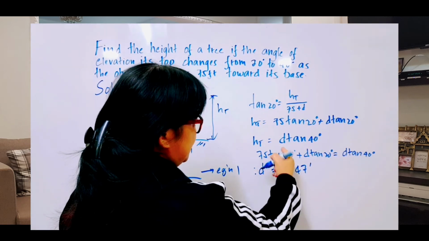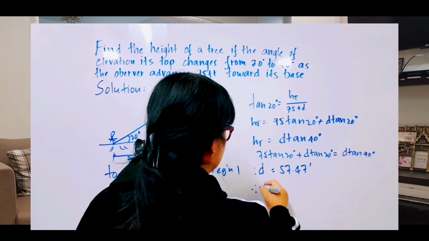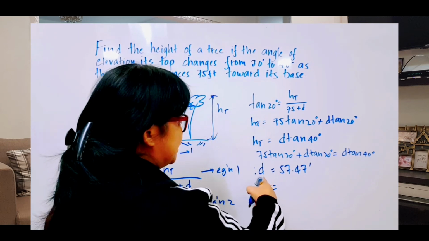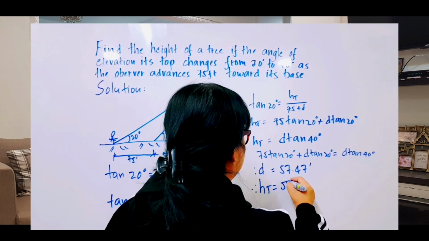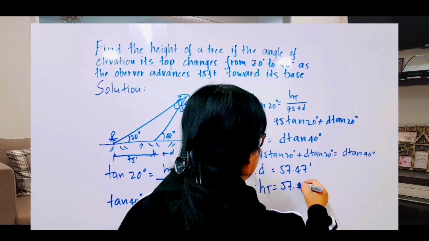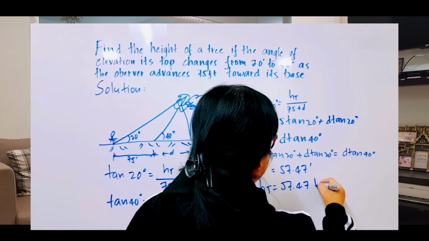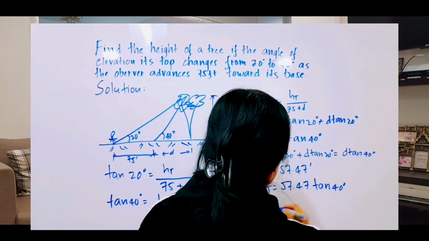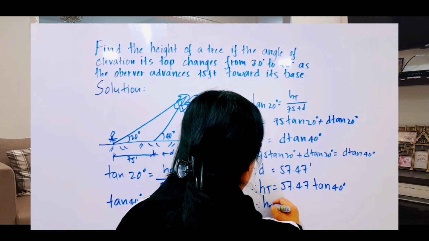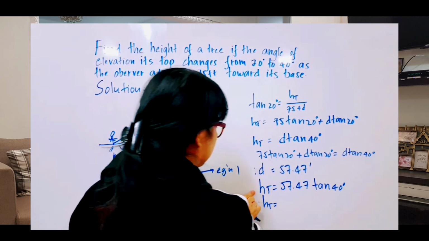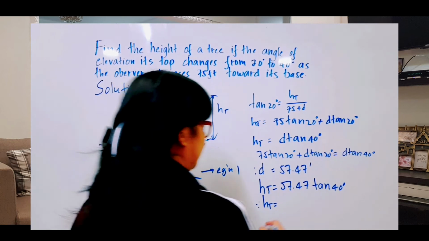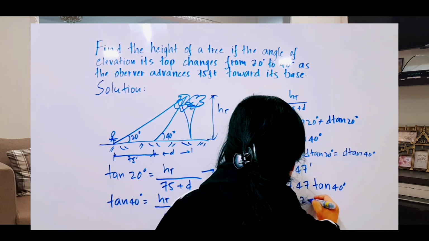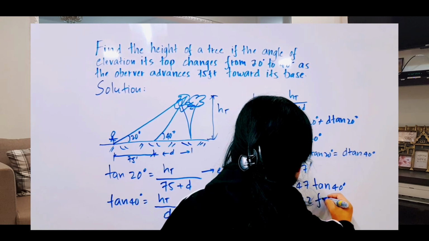Substituting the value of D, the height of the tree we are looking for is equal to 57.47 multiplied by the tangent of 40 degrees. Therefore, the height of the tree is equal to 48.22 feet.